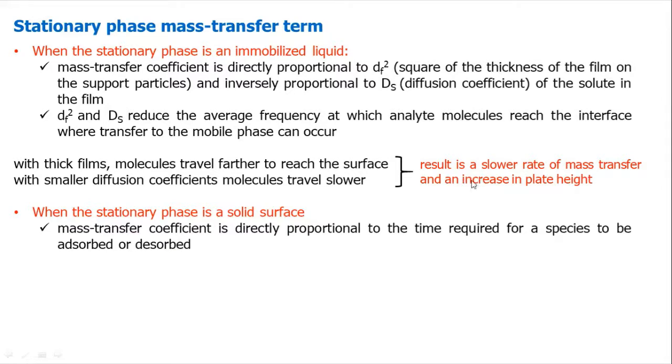So the result is a slower rate of mass transfer and an increase in plate height. So when the stationary phase is a solid surface, the mass transfer coefficient is directly proportional to the time required for a species to be adsorbed or desorbed.